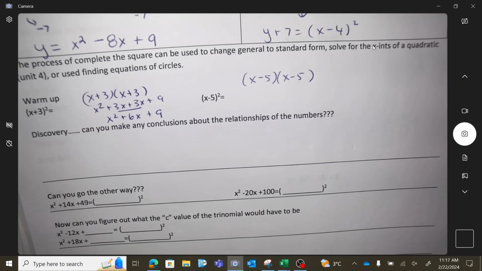Can you do another one? Can you give me another squared? So a binomial squared.